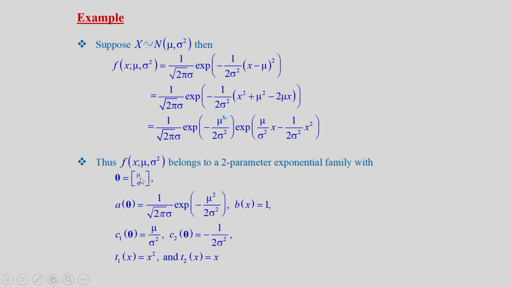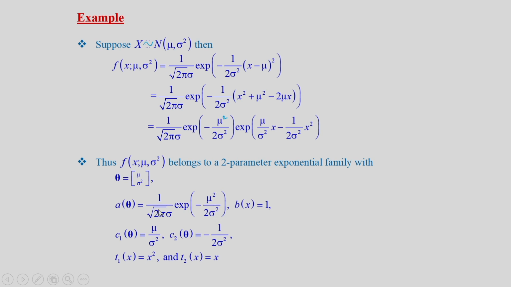Therefore f(x, mu, sigma square) belongs to a two parameter exponential family with theta, the parameter vector, equal to (mu, sigma square). It comprises mu and sigma square. a(theta) will be equal to 1 by root over 2 pi sigma into exponential minus mu square by 2 sigma square.